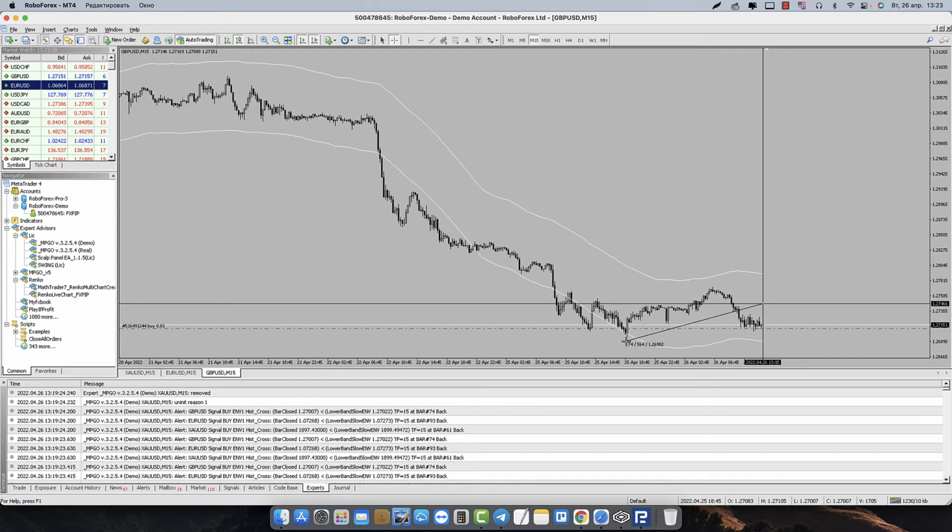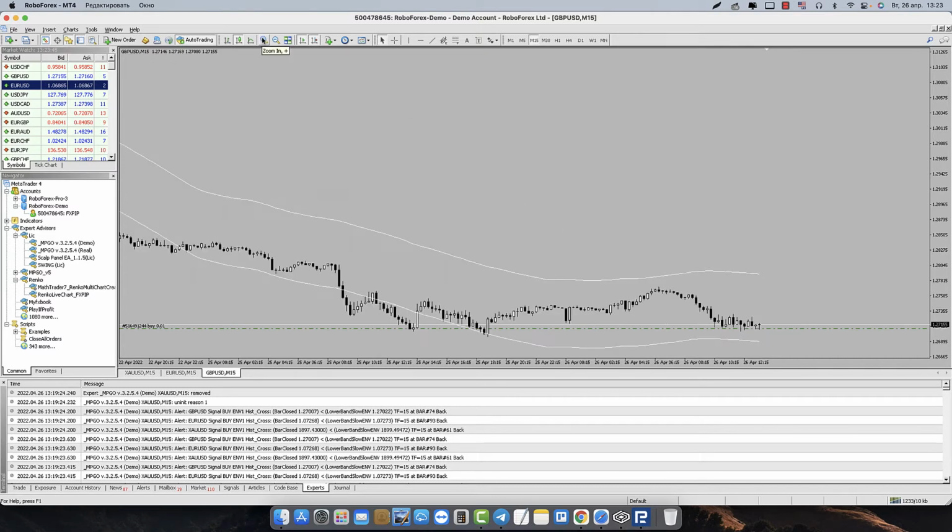Let's take a look how fantastically and clearly it found it. As you can see, this is a little bar but it closed below this lower band slow envelope. So this is how the robot searches signals, and he will keep this buy signal until the price is higher than this upper band of the envelope.